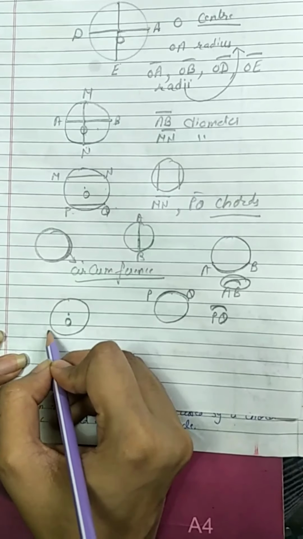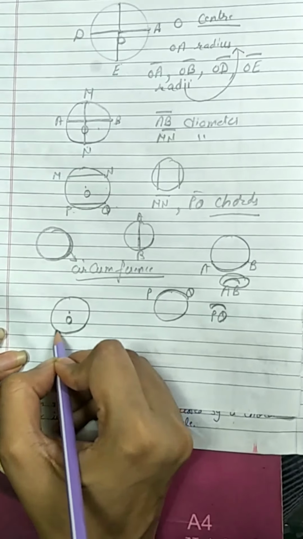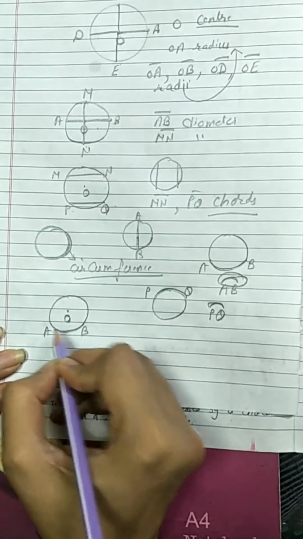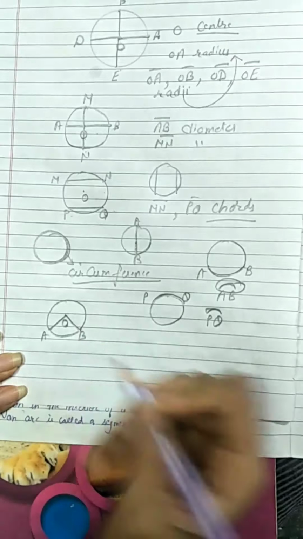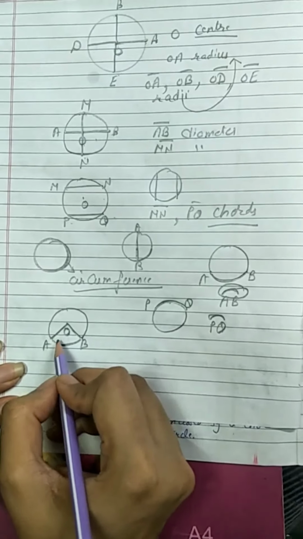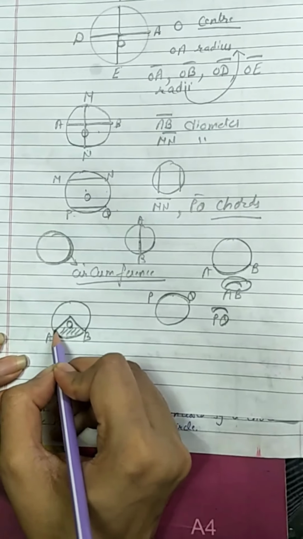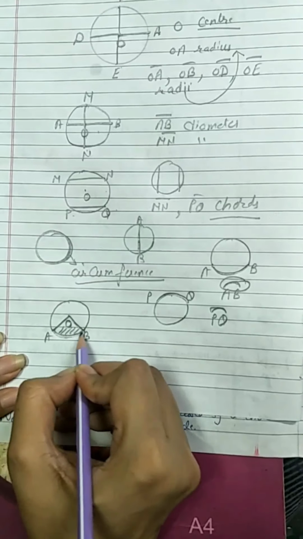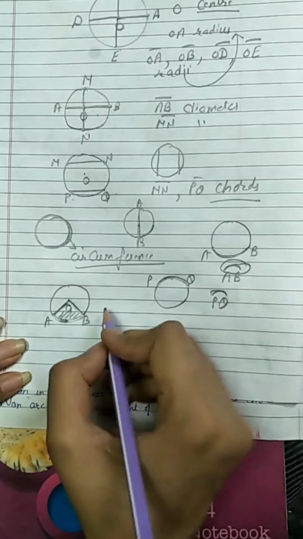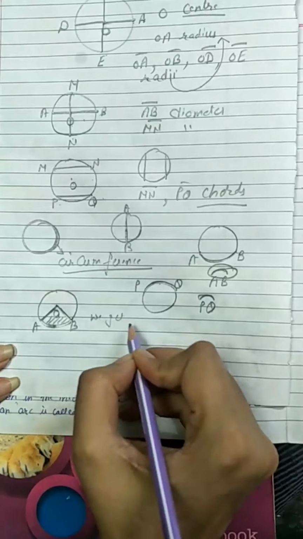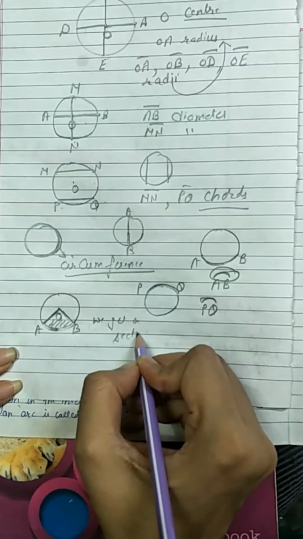Suppose this is an arc AB and these are two radii from the center. So, the region between this arc and two radii with the center, we get a sector.